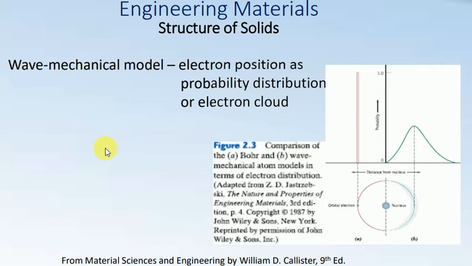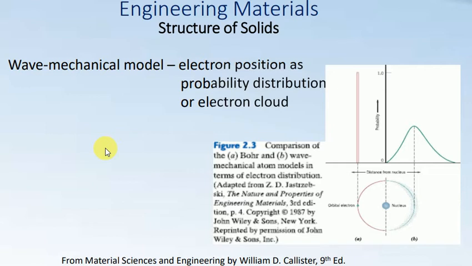But on the right side, you see the wave mechanical concepts, which depict the position of an electron as the probability of its existence at that position, and this probability varies accordingly. So it's not taken as a fixed position, but as a probability distribution of electrons, and that is taken as electron clouds.